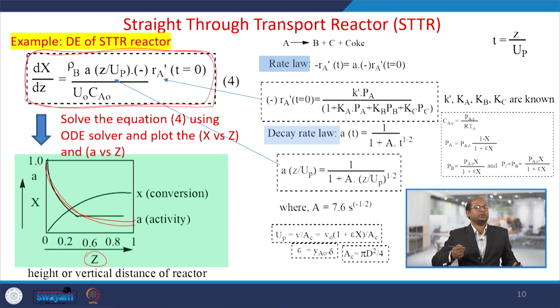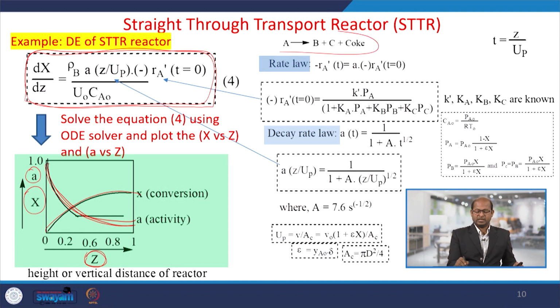In the moving bed reactors we put W on the x axis, while in this straight through transport reactor we put z, since height is important. On the y axis are the conversion and, at the same time, the activity; the conversion varies this way and the activity moves this way. So, here one example is given.